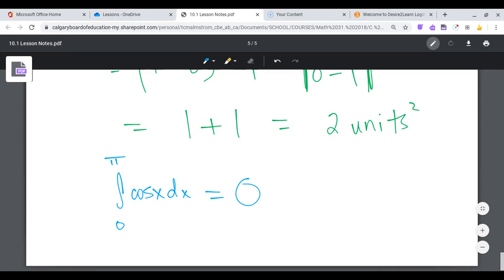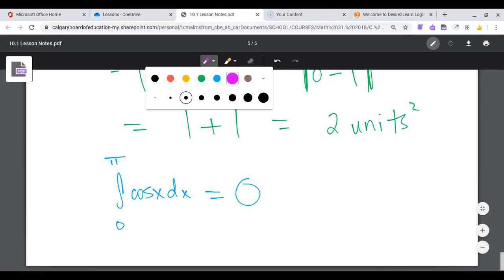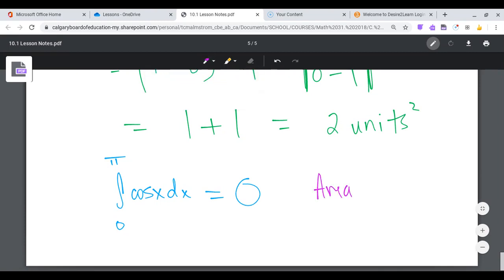It's only when it's an area, the area from 0 to 2 pi of this guy, the area under the curve, that's 2 units squared. So it's really important to notice the difference between, is it an area question or am I just calculating a numeric answer. It's just a definite integral question.